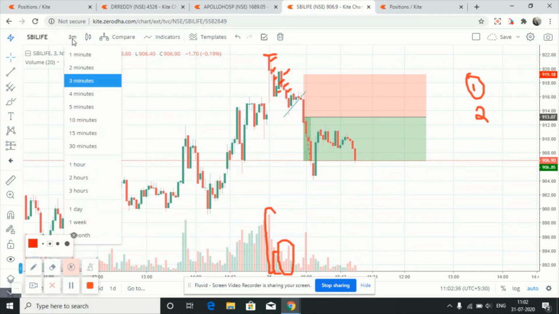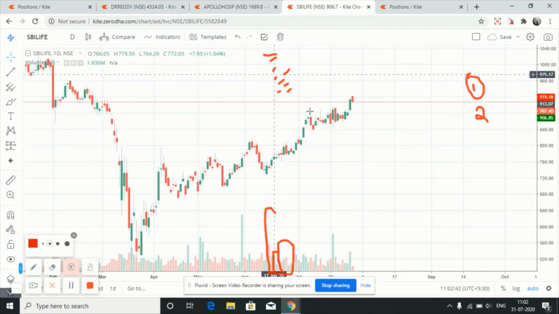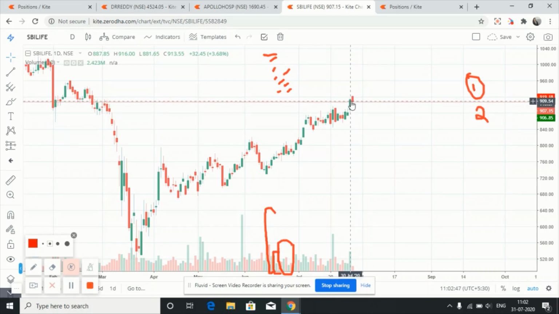Another reason for this trade is the daily chart. Yesterday SBI Life stock was on its top gainers list and it had a huge buy volume, so it had to retrace. What we see here is a Marubozu candle with no wick on the top side, which indicates that after strong buying there is some retracement or selling pressure.